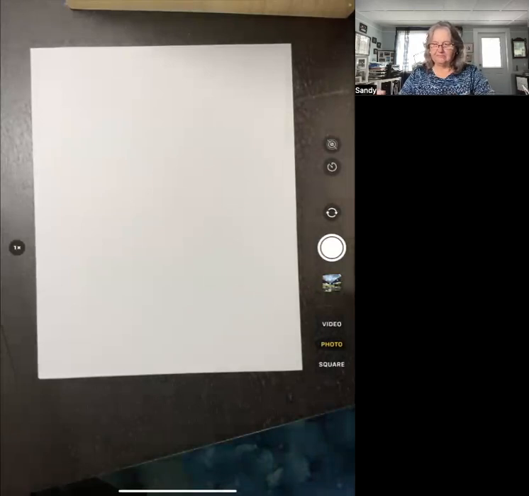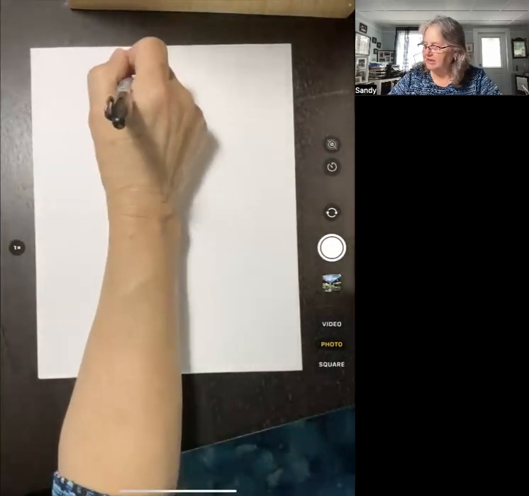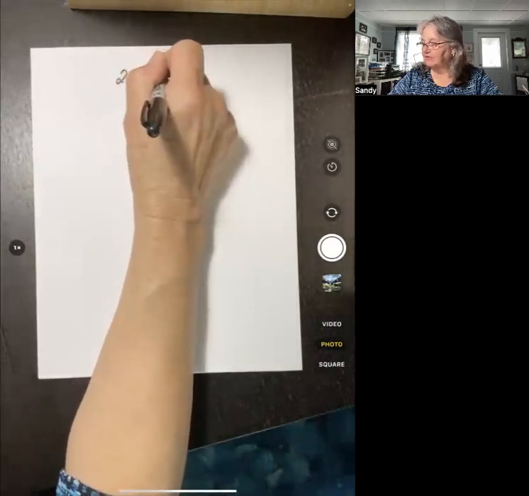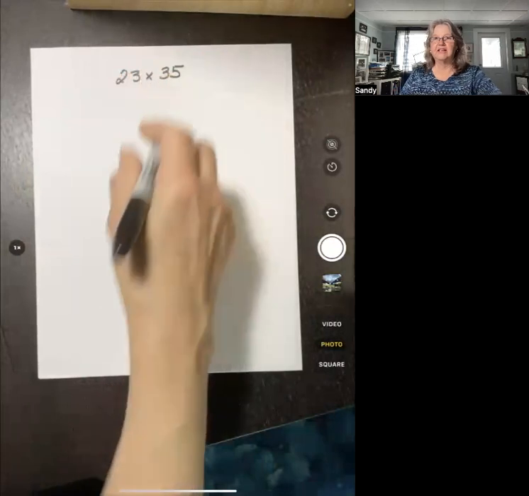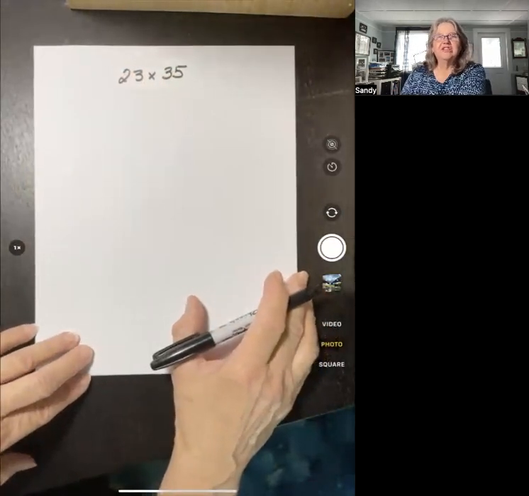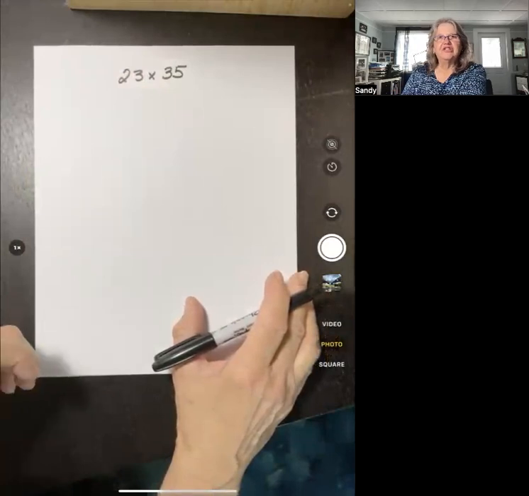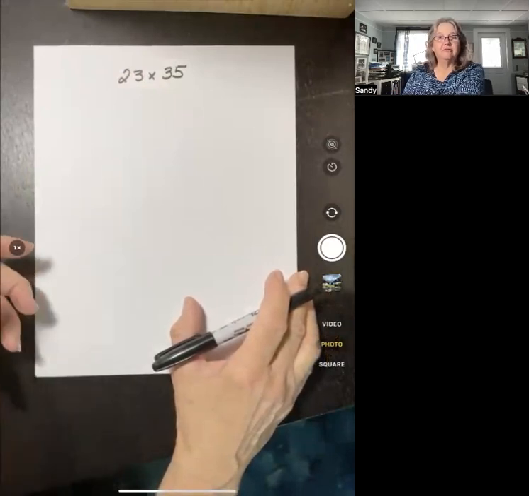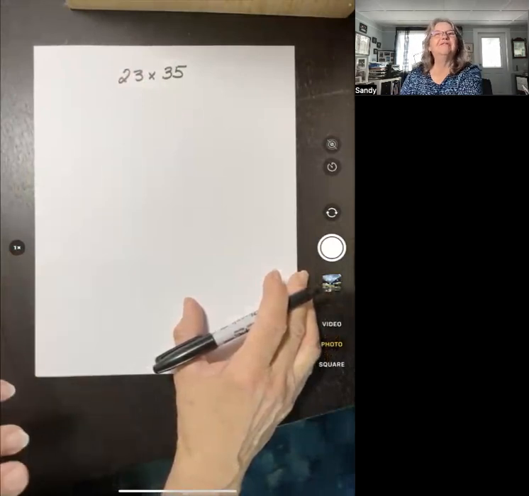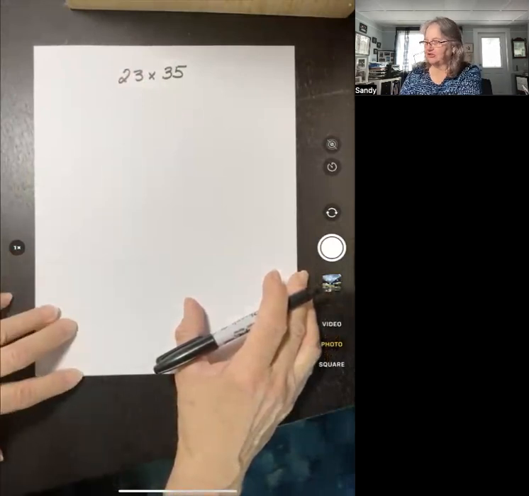So let's look at the problem 23 times 35. Now, for double digit multiplication, it's important that your child understand expanded form for a number and use it because it helps us get to much more efficient drawings, efficient pictures.